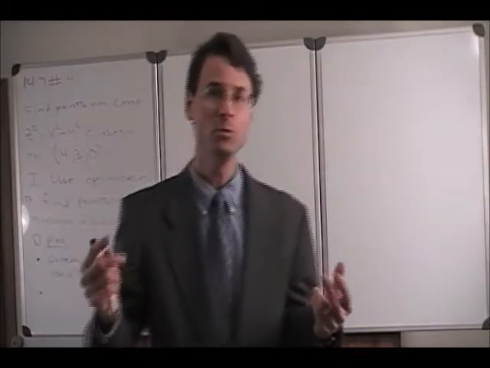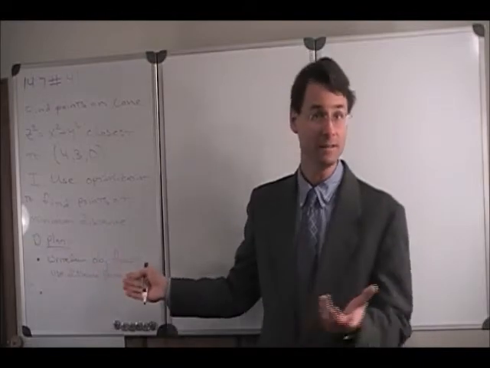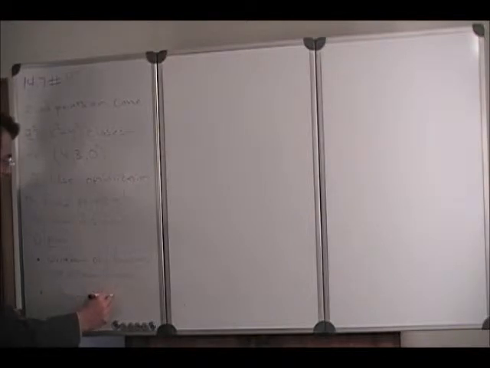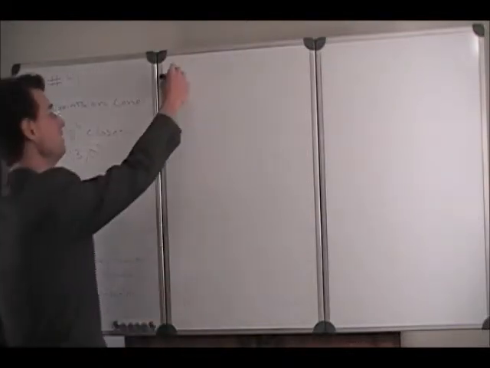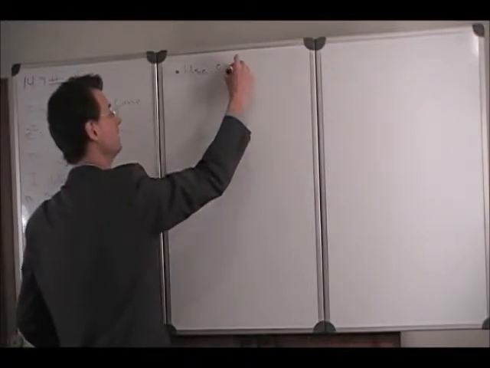In these multivariable optimization problems, we're usually concerned with two main equations. One describes the objective function, and the other is the constraint function, and we want to identify the constraint function.